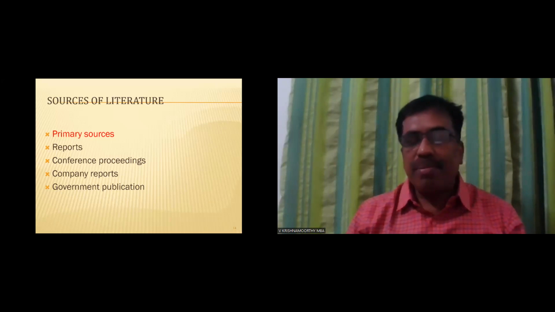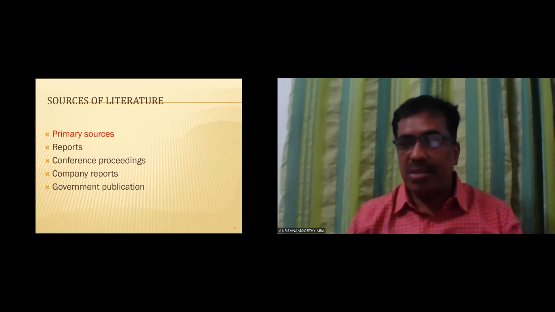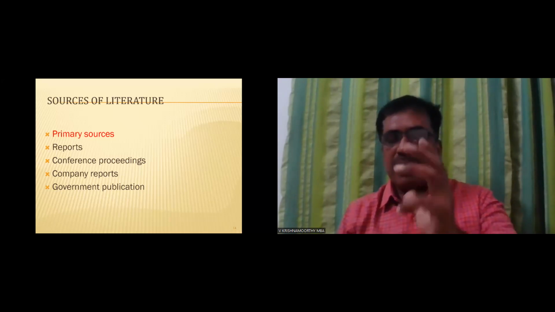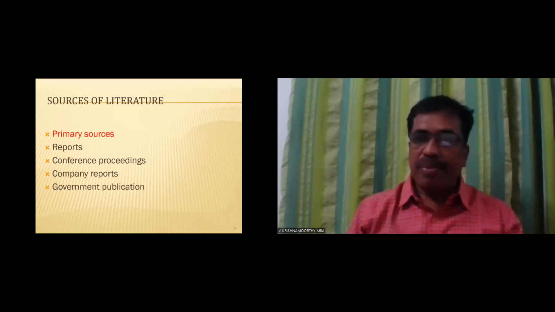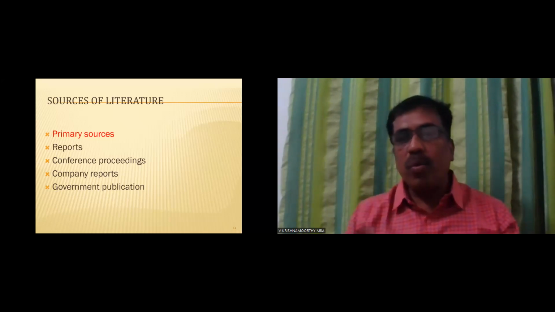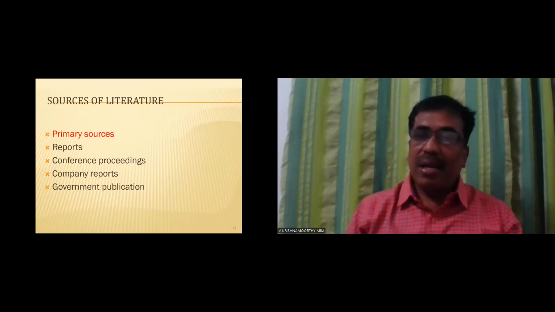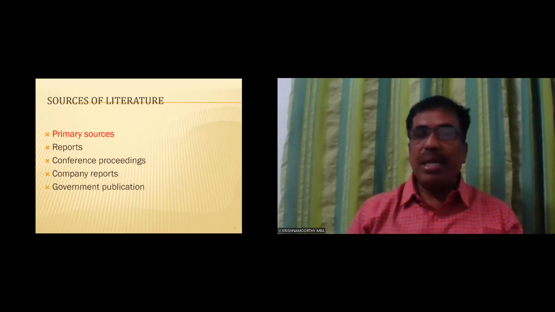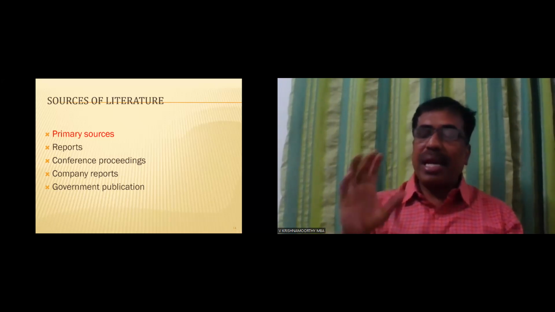Now, if you take some articles, let's take reputed journals, they have assigned one number called the DOI number for the article. What is a DOI number? The expansion of the term DOI is digital object identifier.